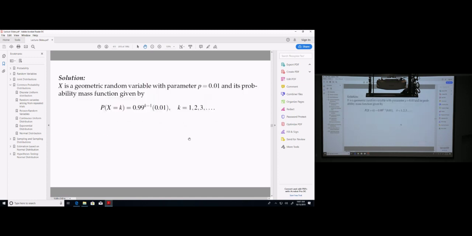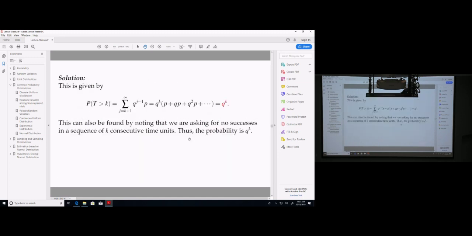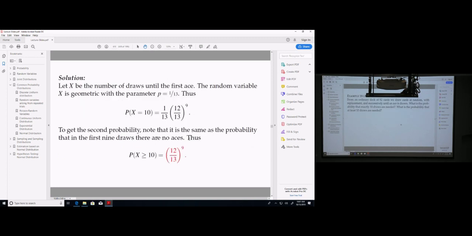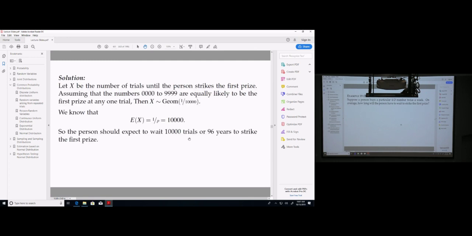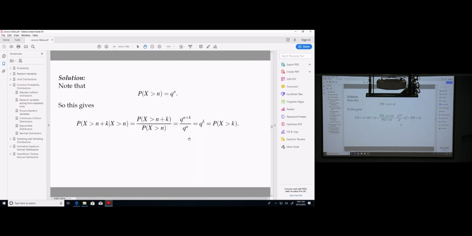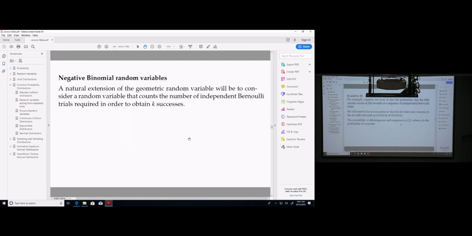The negative binomial is where you have a targeted number of successes, say 4 or 5. Let's say I'm not interested in just having 1 success. I'm interested in accumulating 4 successes so that I would be able to decide.